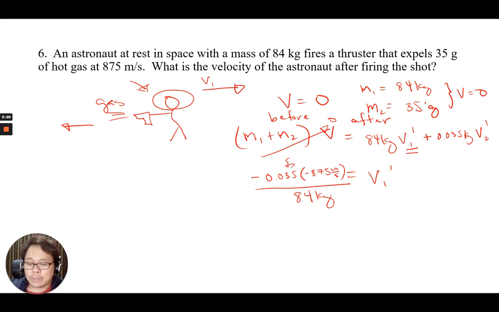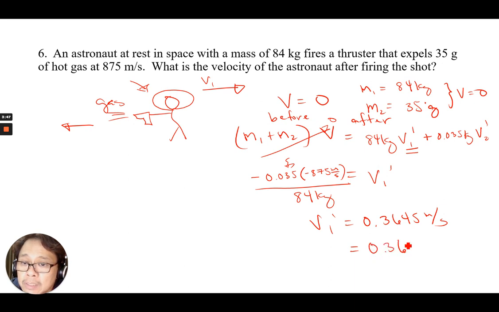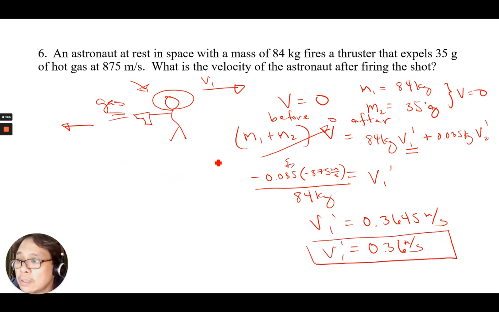So we multiply 0.035 times 875 divided by 84, we get 0.364. So V1 prime is equal to 0.3645 meters per second. Let us follow the rules on significant digits. This will be 0.36 meters per second. This is the speed of the astronaut, and he's heading to the right.